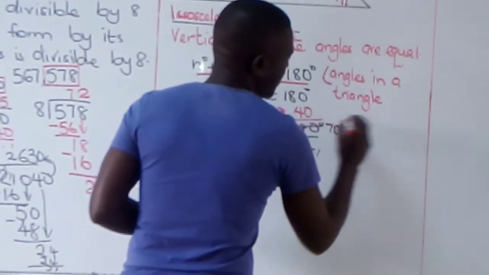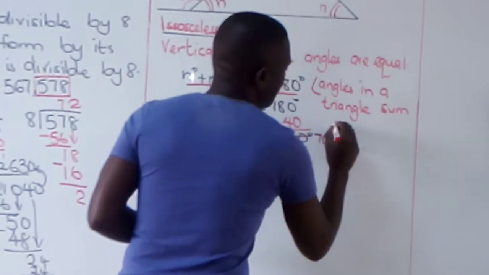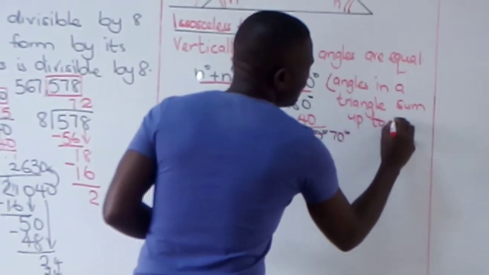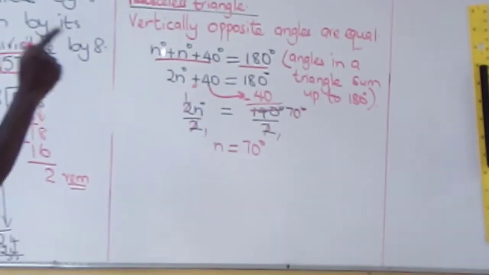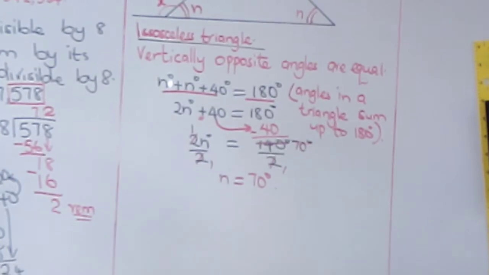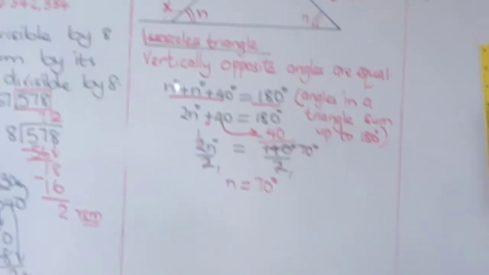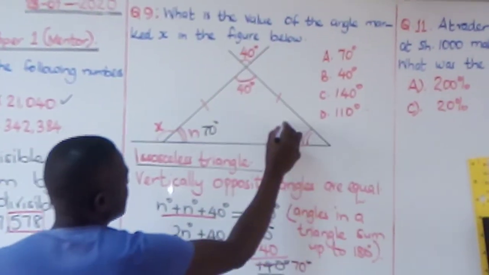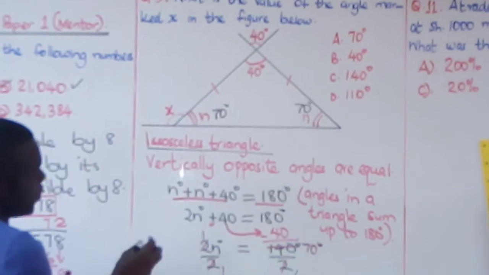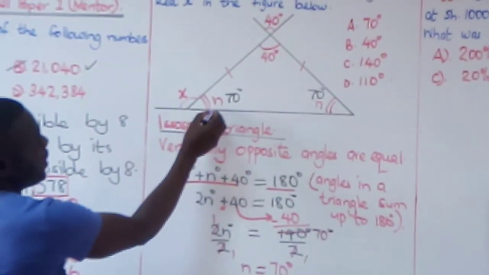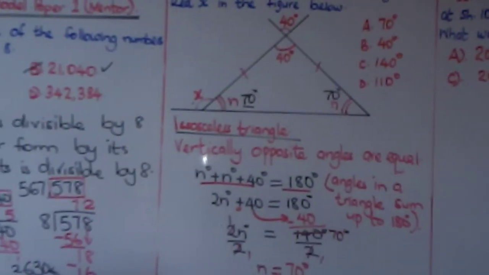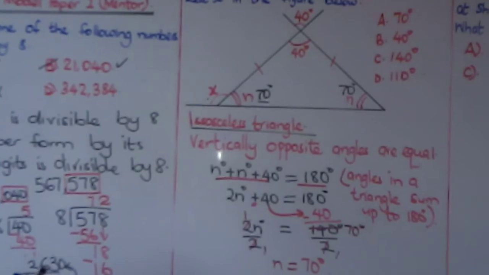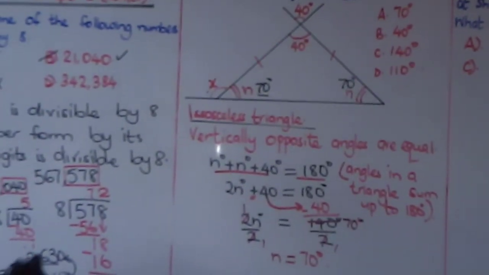Angles in a triangle sum up to 180 degrees. Remember, anything you do here, you must qualify it with a statement. Now that we've said that N is 70 degrees, we want to look at the relationship between 70 degrees and X. Remember, they are angles on a straight line.